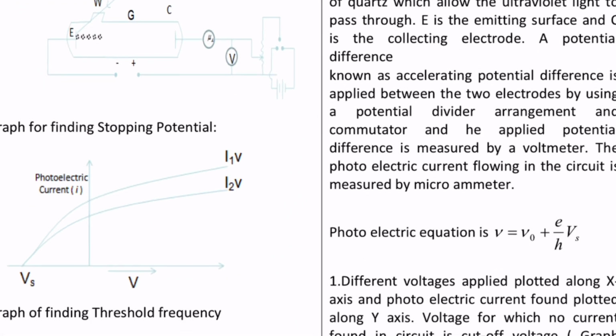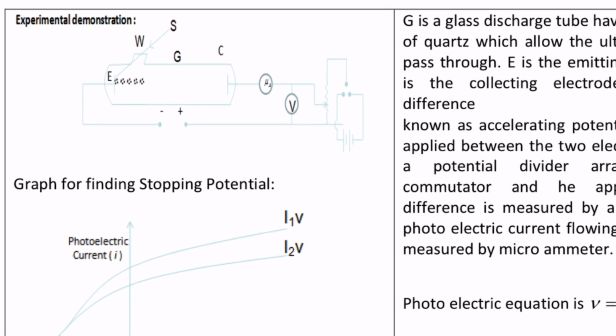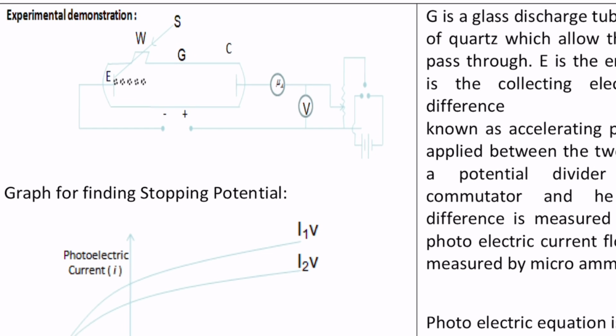Okay. Now second, experimental demonstration of this. Now this is the window to allow the light to be incident here. Okay. So here the voltage, and this is the applied voltage between the emitter and the collector. This is the current measurement done here.